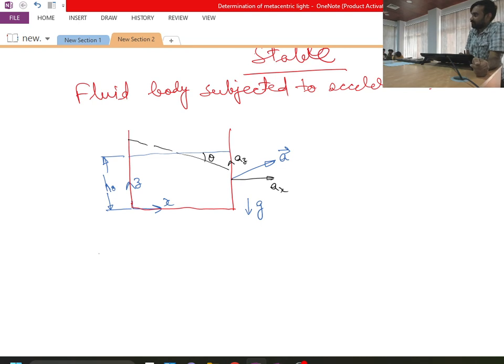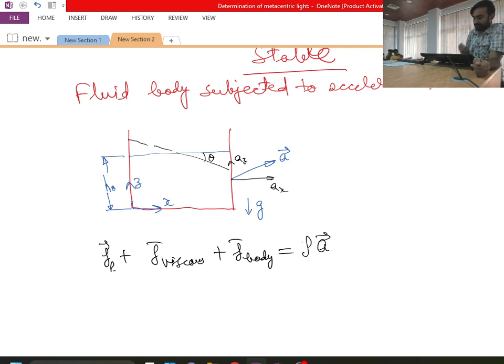On a per unit volume basis: pressure force plus viscous force plus body force is equal to rho into the acceleration vector. This is the equation of motion. Is this clear?